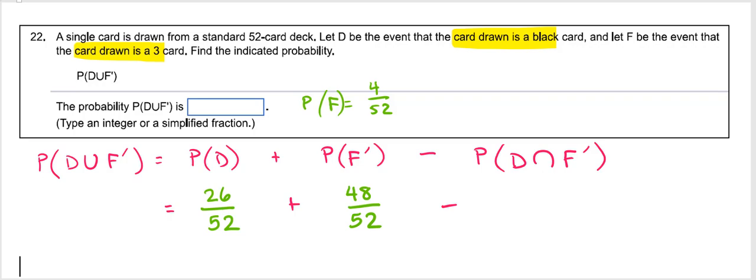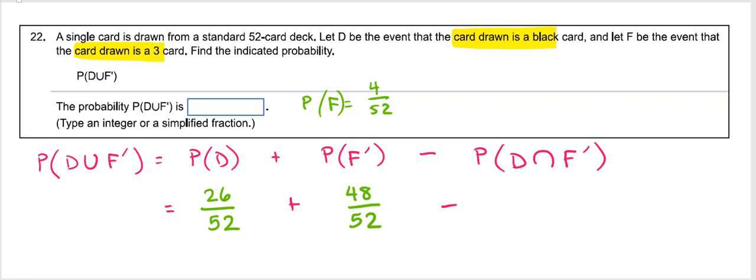Now the probability that it's black and not a 3. We did one similar to that just a second ago. So the black cards, there's 26 of them, right? And there are 2 number 3s that are black.